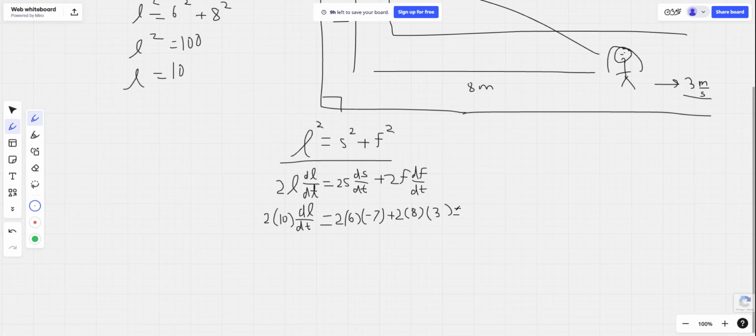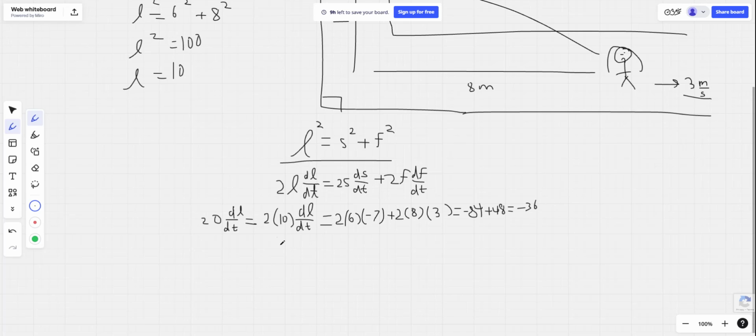On the right-hand side, you plug in all the numbers, you get negative 84 plus 48, which is negative 36. And on the left, 2 times 10 is just 20.